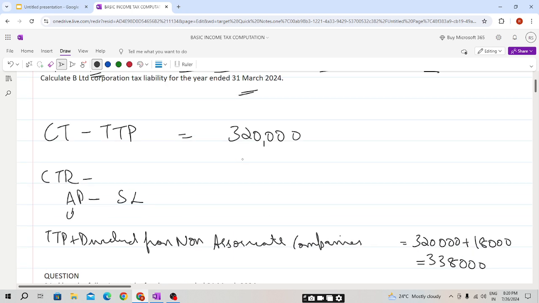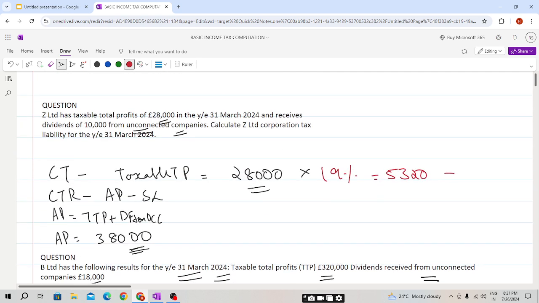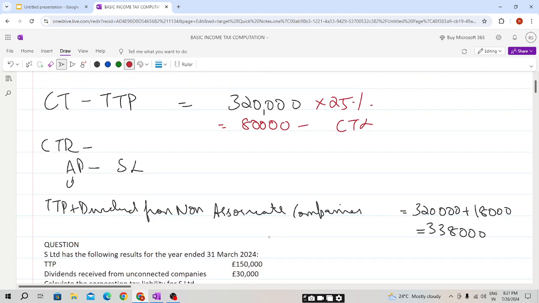So the main rate is 25%, and 320,000 into 25% will be 80,000 of corporation tax liability. I hope this point is clear to all of you.